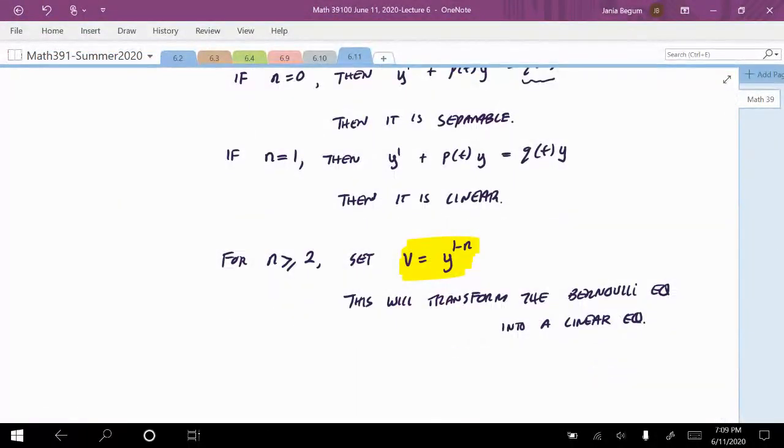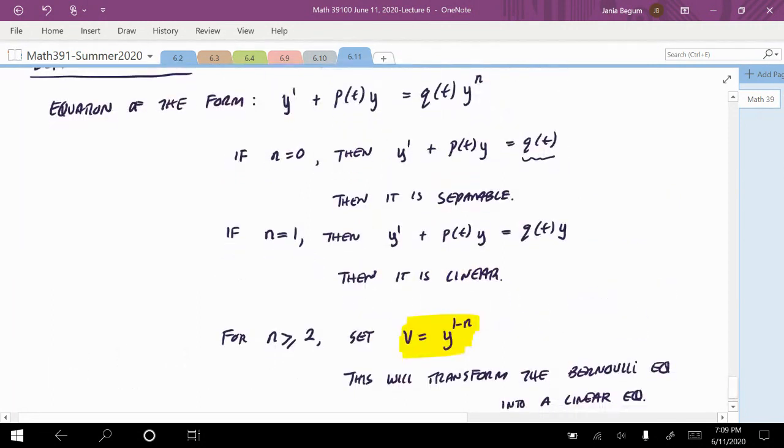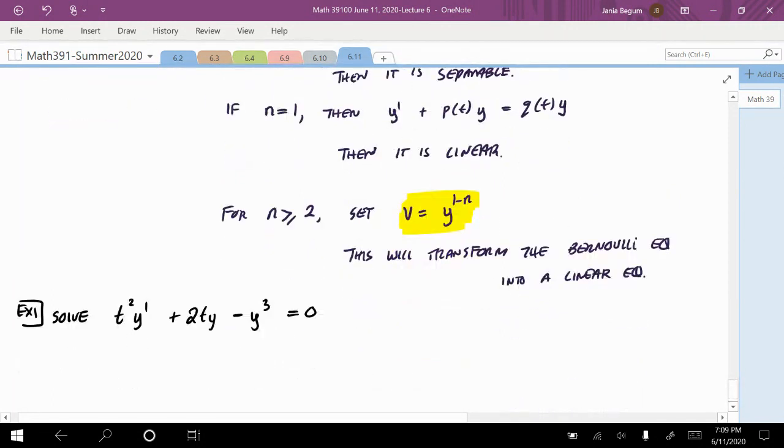Okay, so let's see what Bernoulli equations are. Let's look at an example. Say we want to solve the following: t squared y prime plus 2t y minus y cubed equals 0. Is it in the form of a Bernoulli equation? Yeah, right?